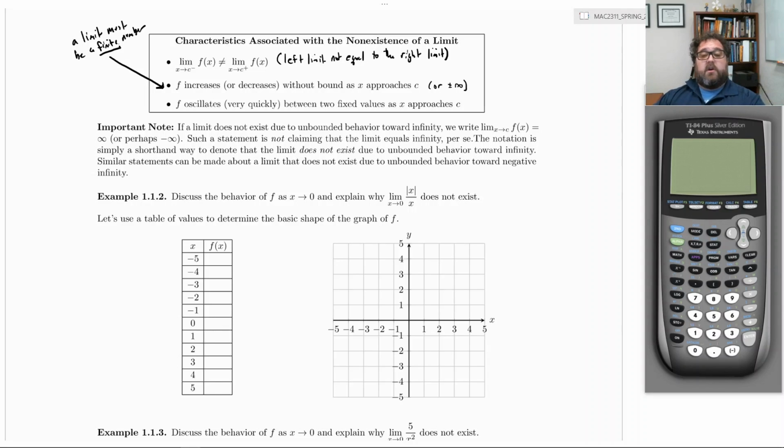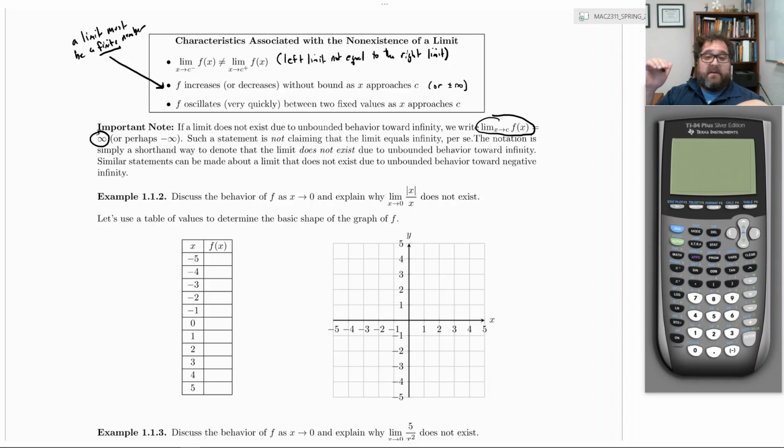Okay. Important note here: if a limit does not exist due to unbounded behavior toward positive or negative infinity, we will oftentimes write that the limit as x approaches c of f of x equals infinity, or maybe negative infinity. That is, if the y values just keep getting bigger and bigger as x approaches c, we'll write that the limit equals infinity.